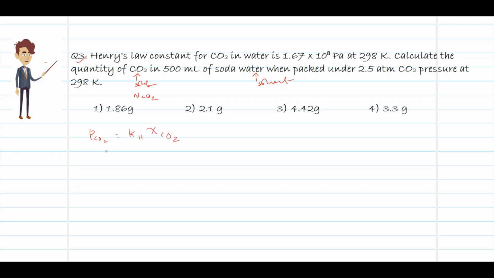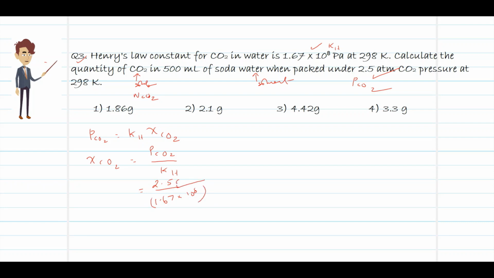Then chi CO2 is equal to PCO2 by KH. PCO2 given in the problem is 2.5 atmosphere. KH is given here as 1.67 into 10 raised to 8 Pascal.